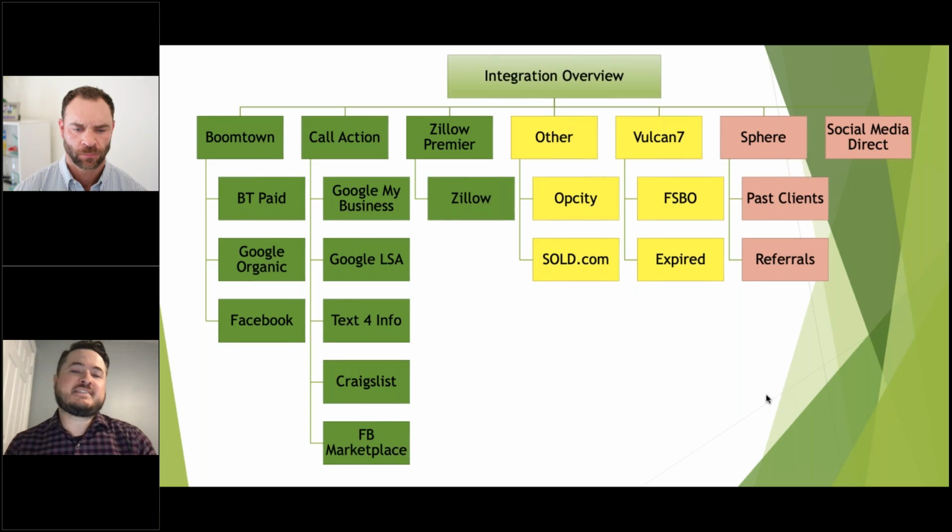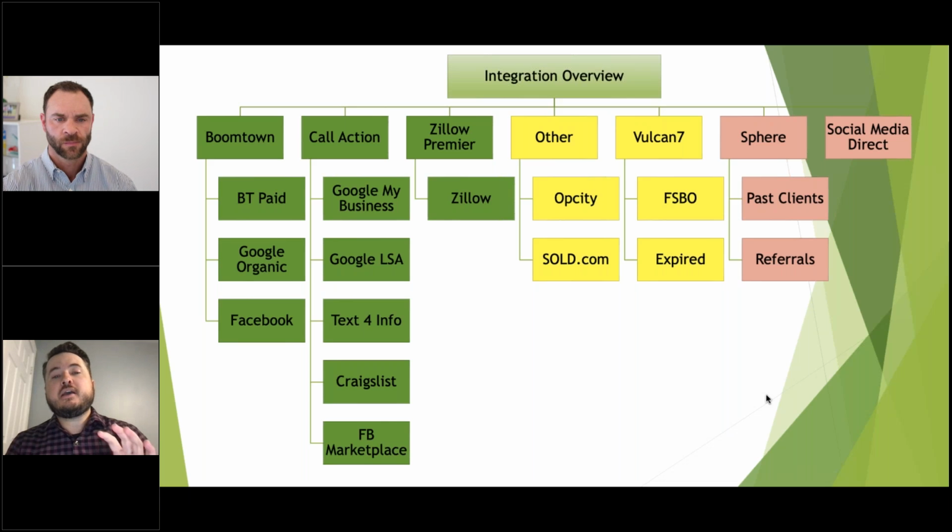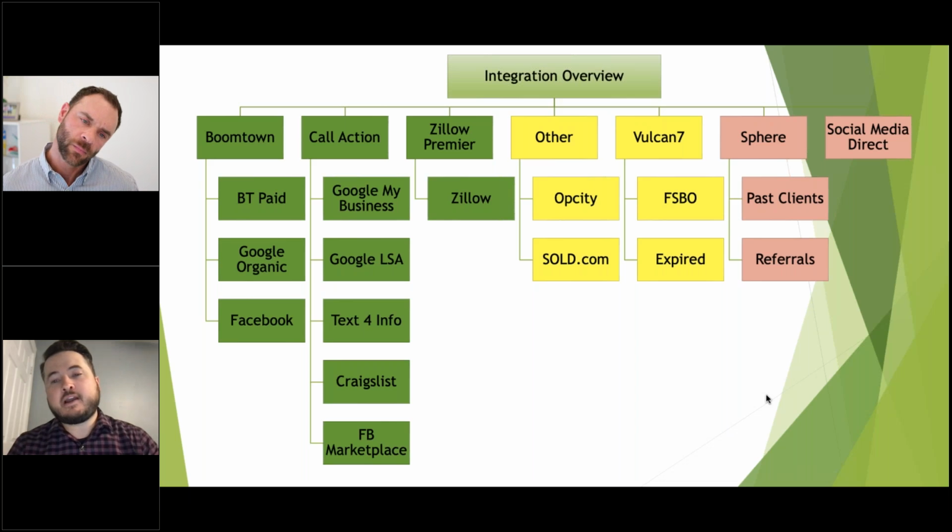But as an example, OpCity does not have a native integration with Boomtown. So what we're doing is using Zapier to take the email that says, hey, Trey, you have a new lead. It's Mary Turner. Here's her phone number. Here's what she called about. We use Zapier to forward that email automatically to the Boomtown email parser, and that parser will upload that person as a lead in Boomtown and assign it to the right individual.